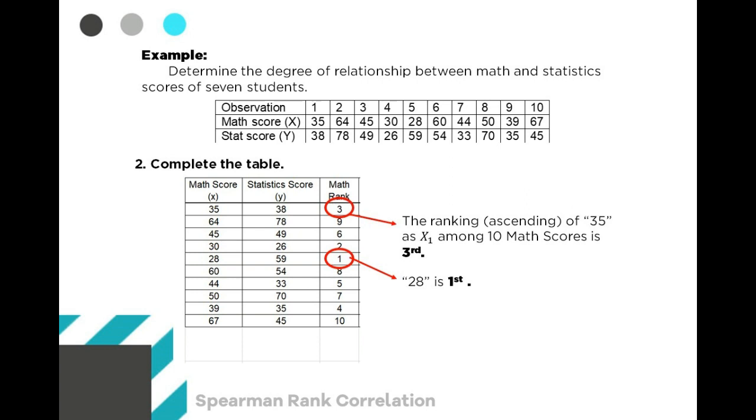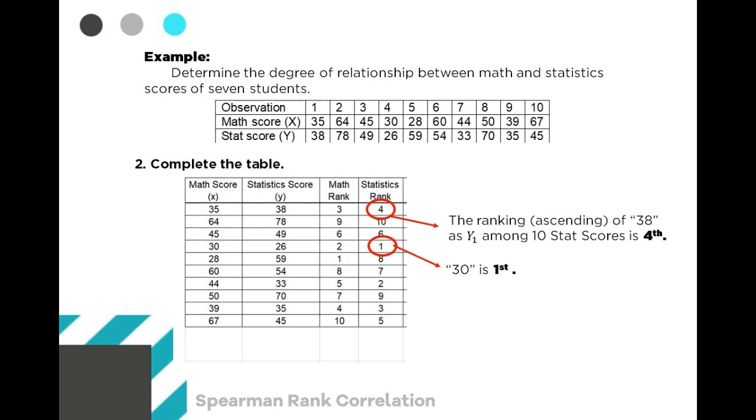Okay, next we do have a statistics rank. So just like what we did in our math rank, we just rank the scores in statistics. So definitely the first one is 30, and yung first natin, yung y sub 1 natin, which is 38, will rank as fourth.